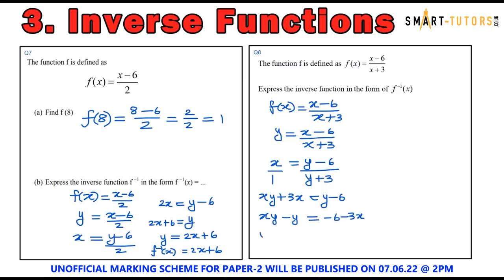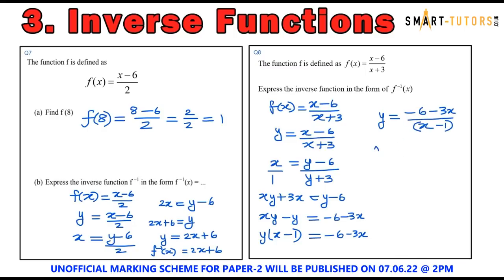Now factorize the y: y(x minus 1) equal minus 6 minus 3x. Now make y the subject, so y equal (minus 6 minus 3x) over (x minus 1).